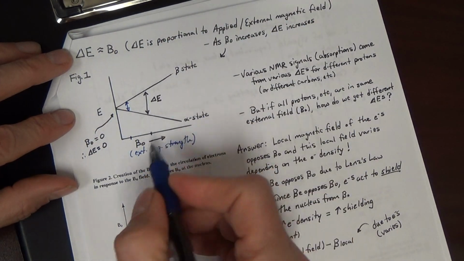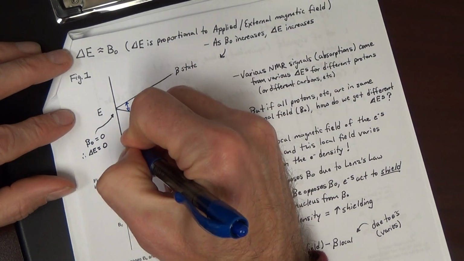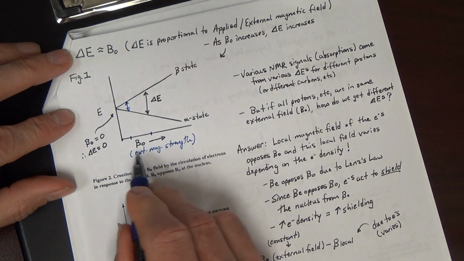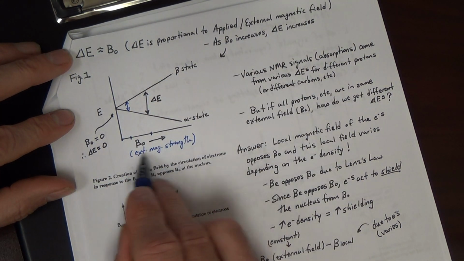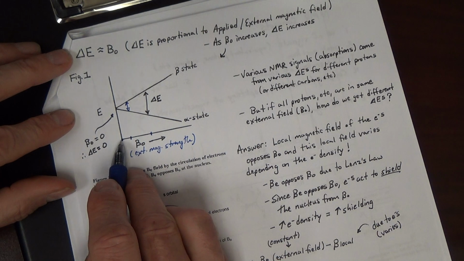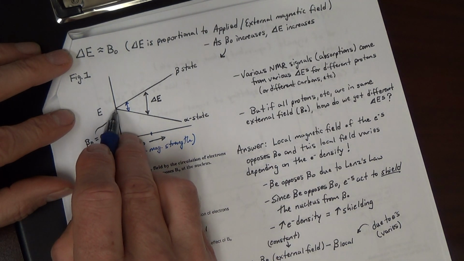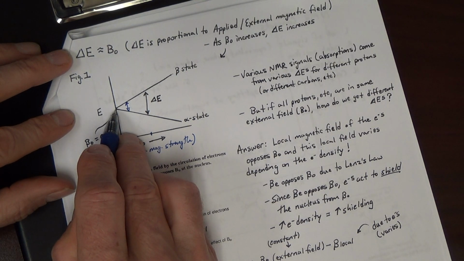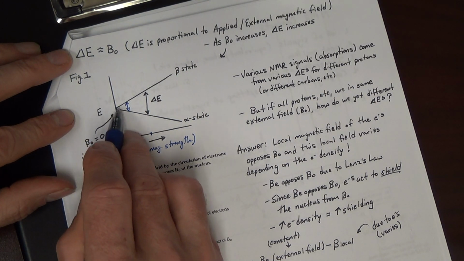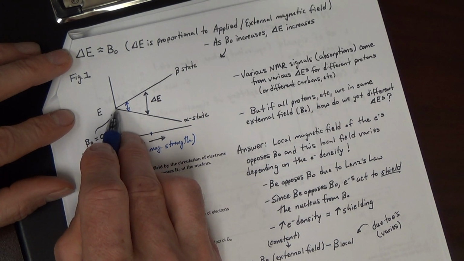Now importantly, what if the field strength was 0? That is here. That is, if it's 0, that means we do not have a magnet. Well, if you have no magnet, there is no difference between the two states. Okay? All states have equal energies.